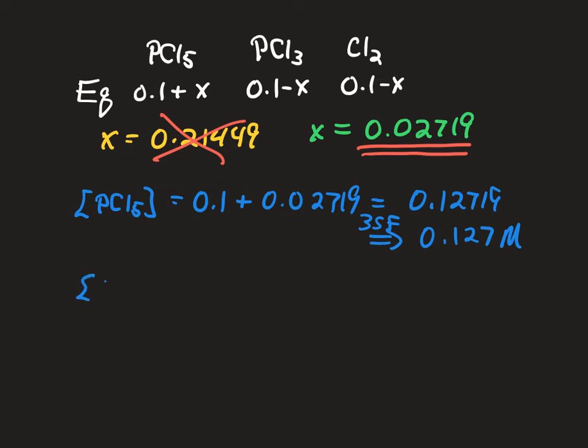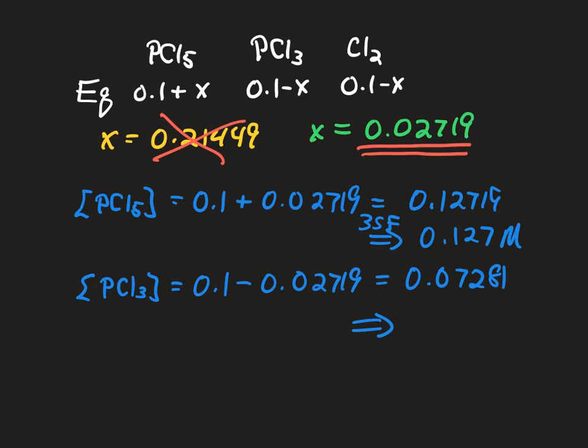Our concentration of phosphorus trichloride is 0.1 minus our 0.02719, which is going to be equal to 0.07281, given our subtraction and that we're significant to the third place, probably to the proper number of significant figures that would be significant to the third decimal place. We would probably report that as 0.073 after subtracting molar.